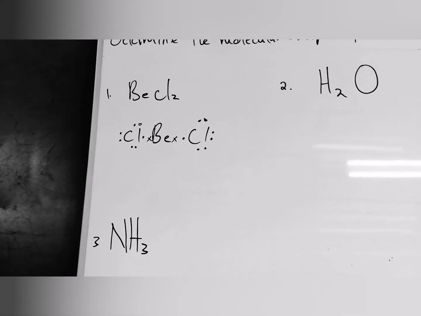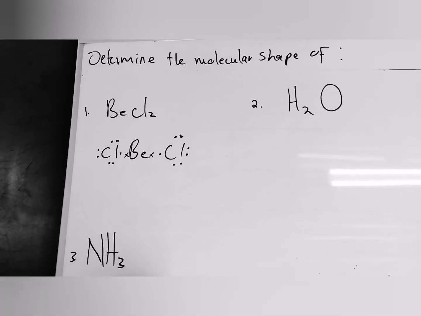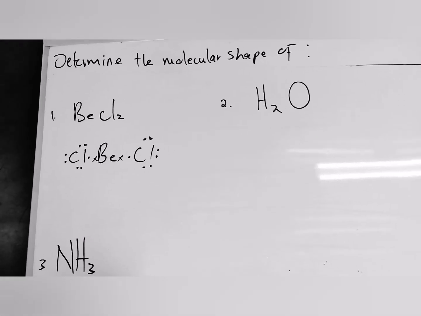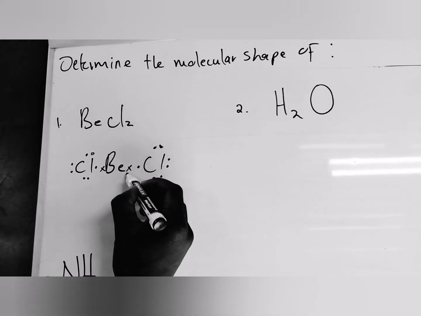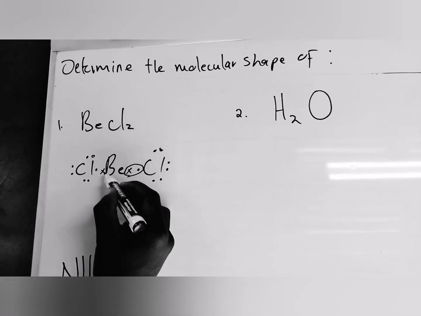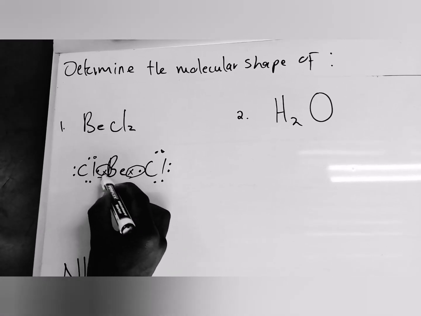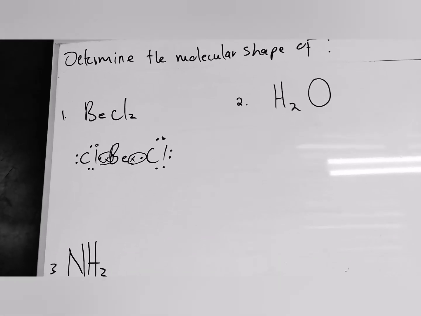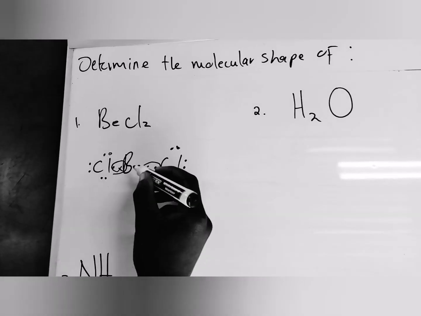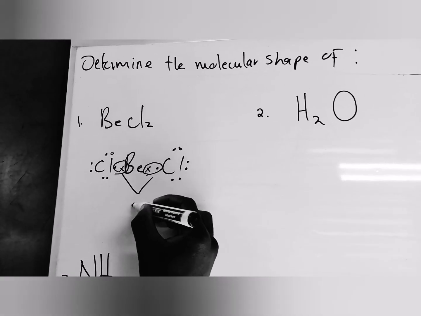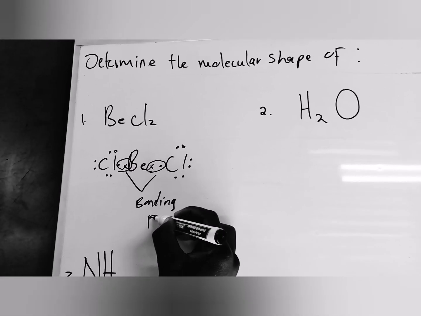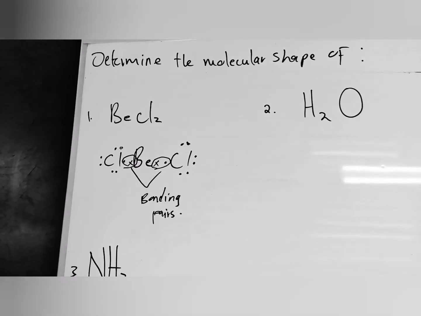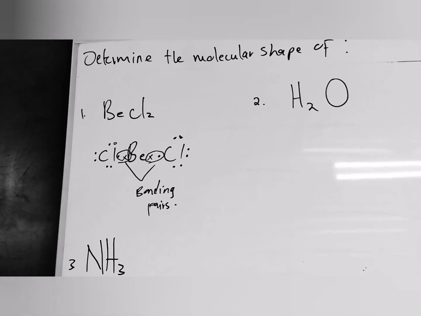Then we need to determine the number of bonding pairs and lone pairs on the central atom. Now we have 1, 2 bonding pairs. These are bonding pairs of electrons. So it's very important for you to know that.